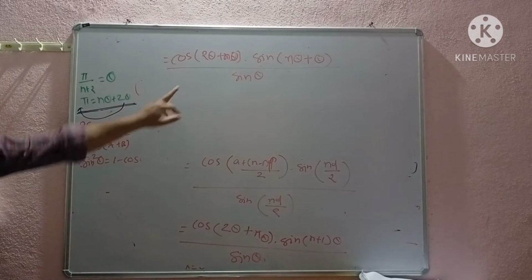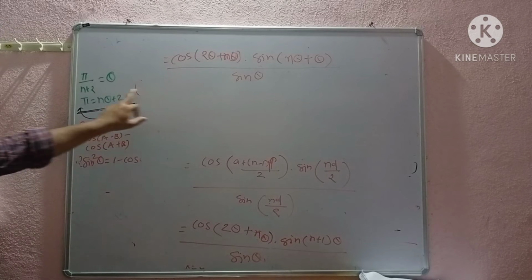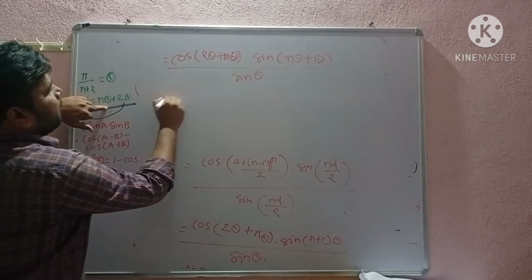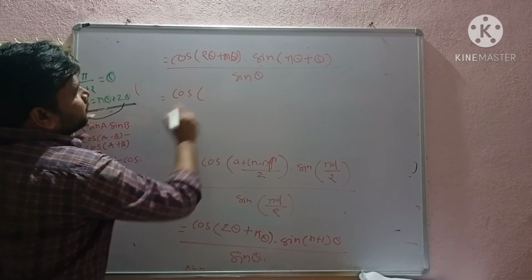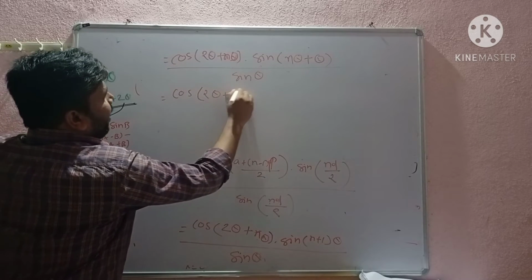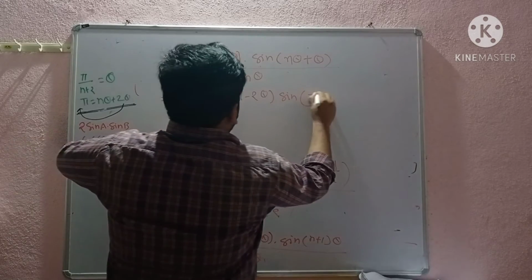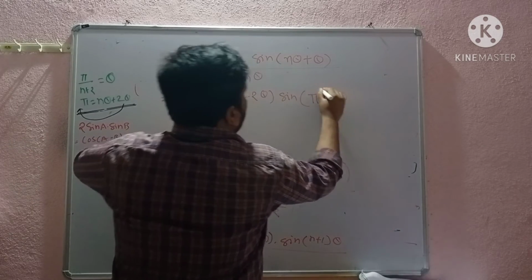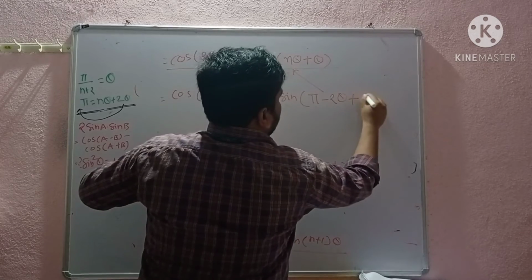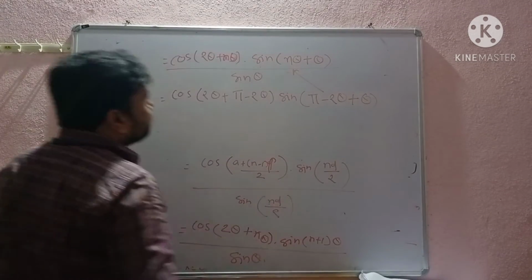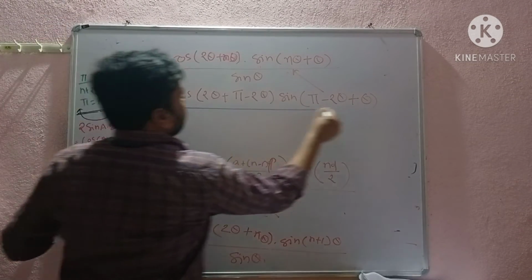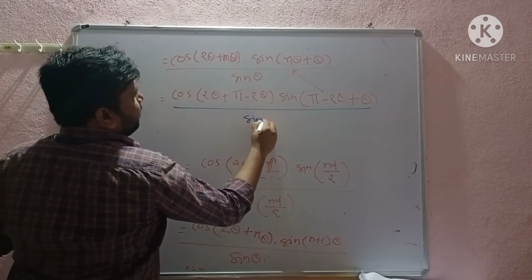Now substitute the value of n theta as earlier, so we will get cos (2 theta plus pi minus 2 theta) into sin (pi minus 2 theta plus theta), where pi minus 2 theta is the value for n theta. Again divided by sin theta.